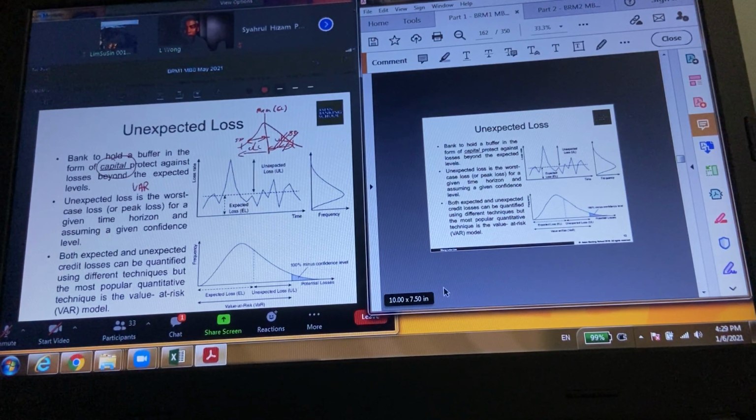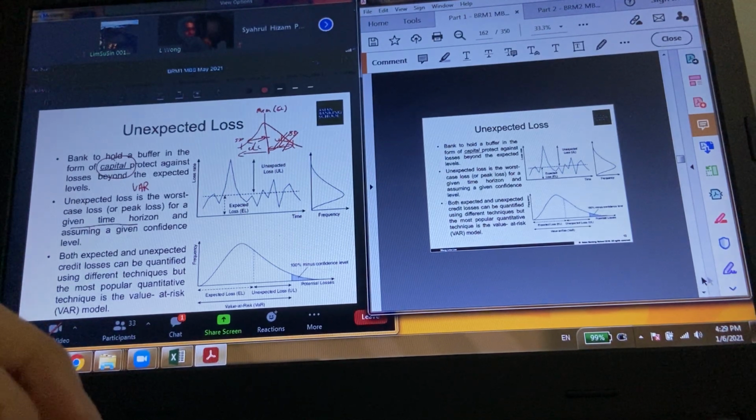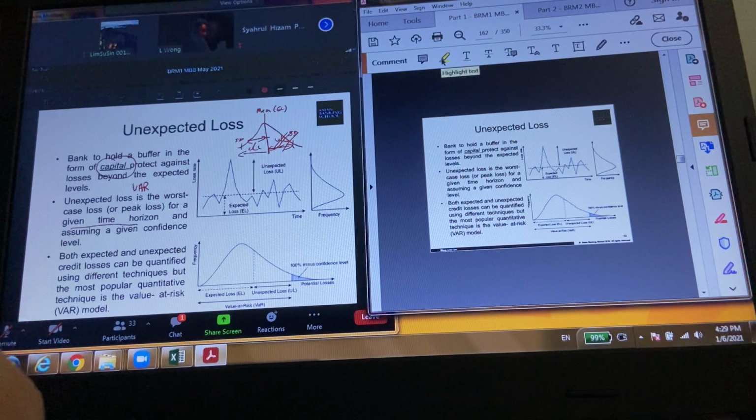In calculating value at risk, how big the loss is depends on two inputs: the time horizon, meaning how long you are going to give the loan, and the confidence level. Remember, standard deviation reflects how confident you want to be. The more confident, the higher the loss you provide. If you want to be very sure that you can withstand the loss, you have to put in more capital. That is how you calculate.